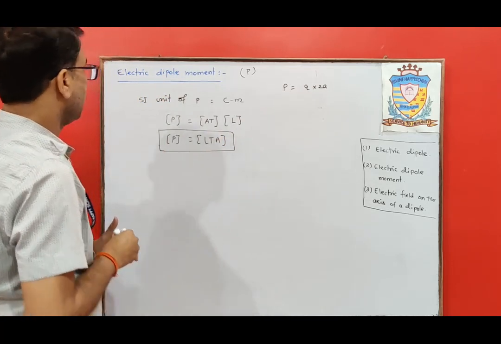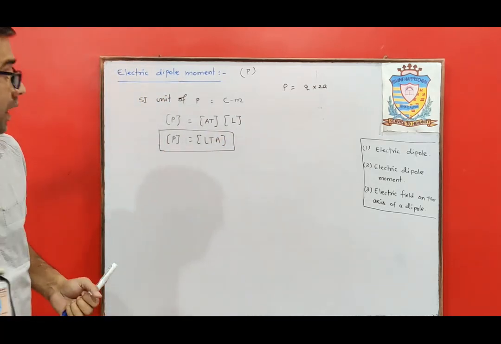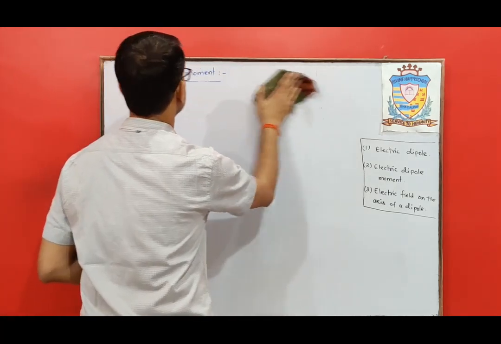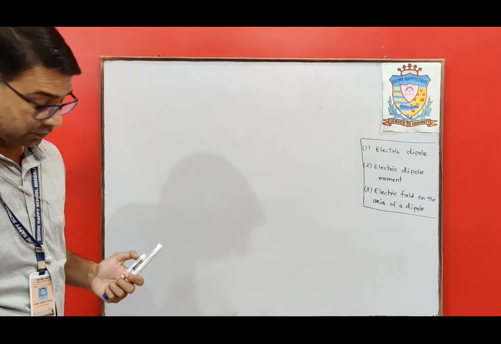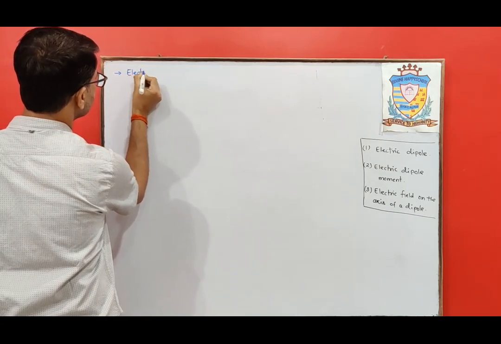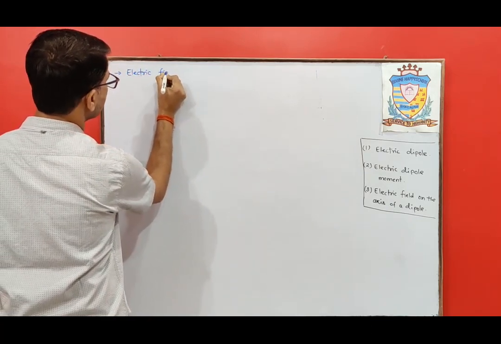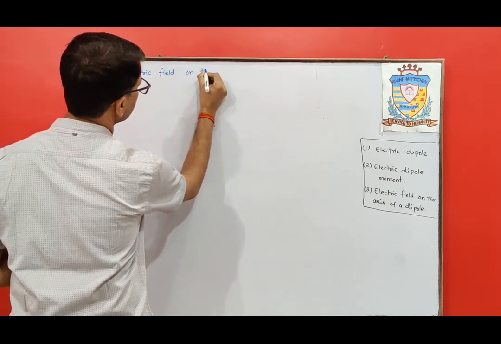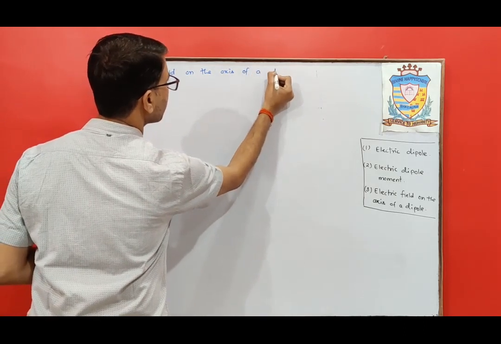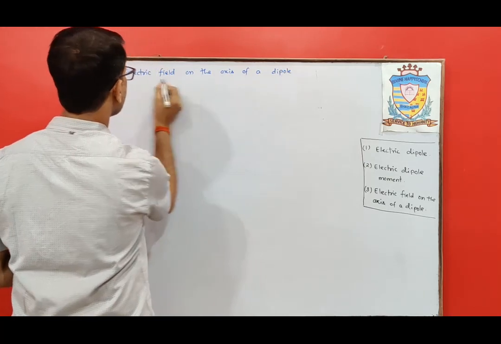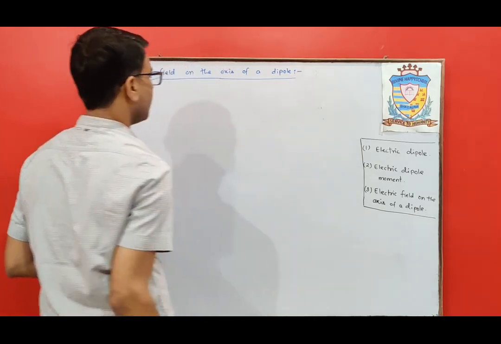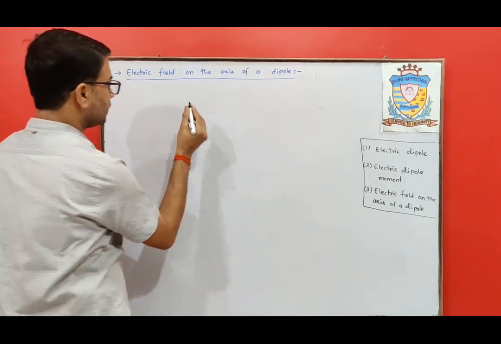Next is the electric field on the axis of a dipole. Okay, so first we'll draw the figure.